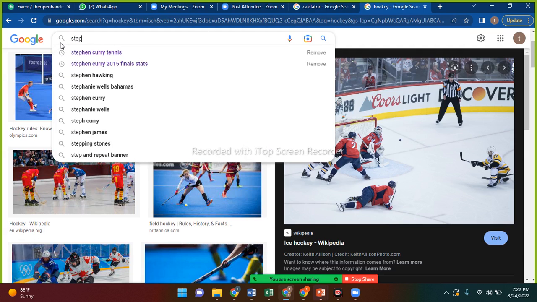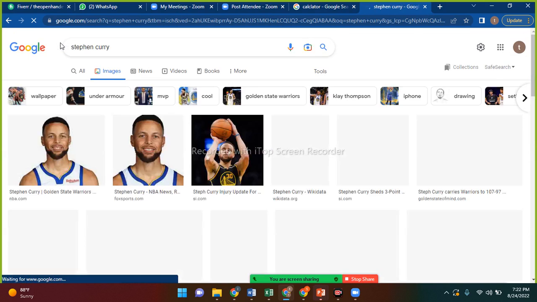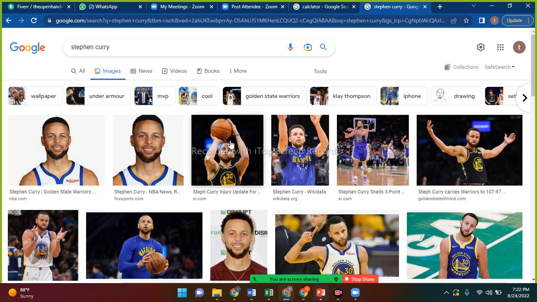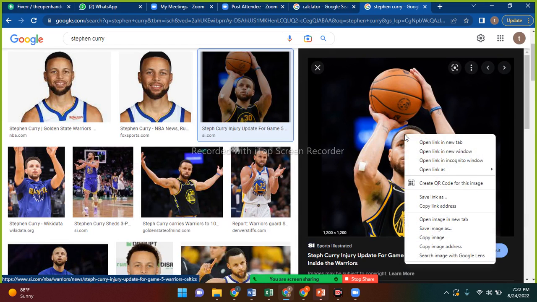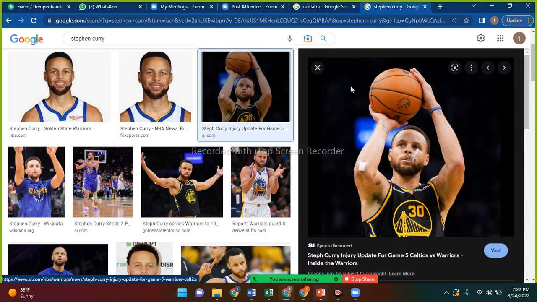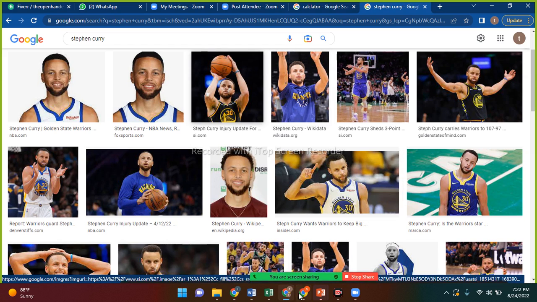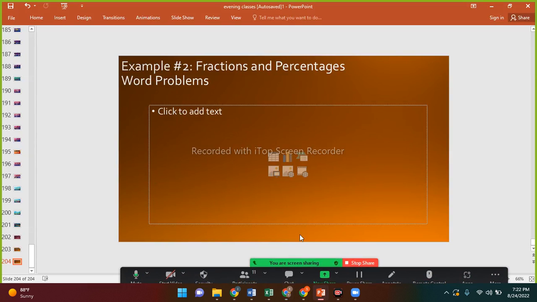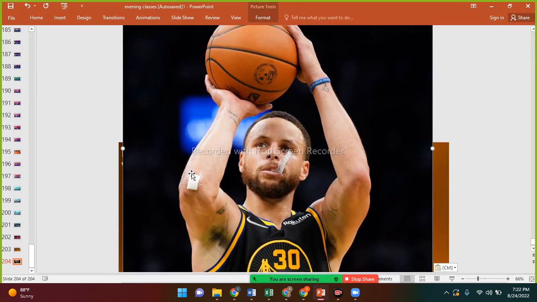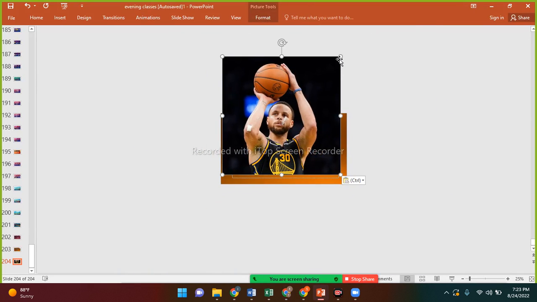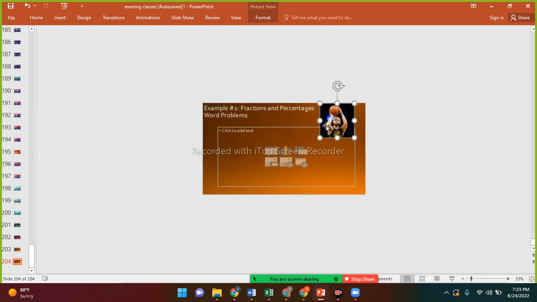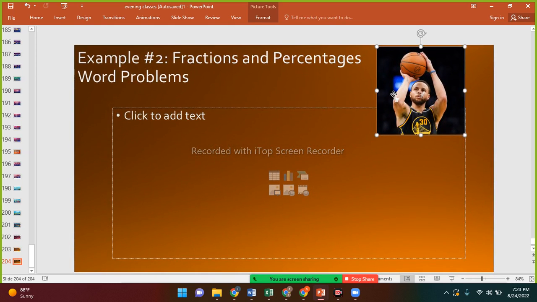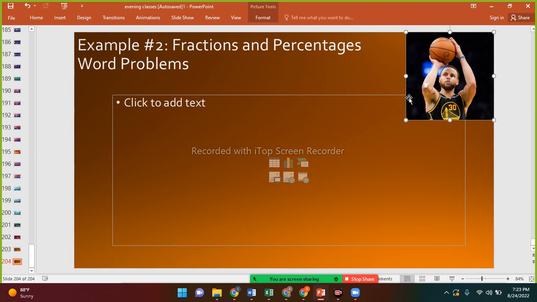So I'm going to put a picture of the 3-point champion. For those who don't know, that's Stephen Curry, 3-point champion. Hate him or love him, that's the 3-point king. Are you familiar with Stephen Curry?